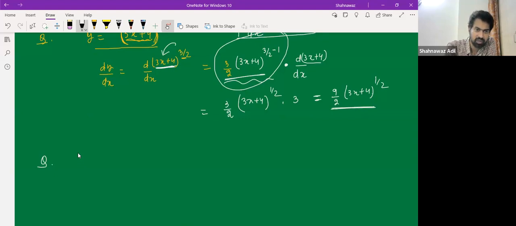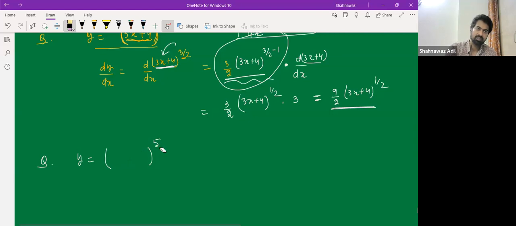So you have, let's say, y equals 6x plus 5 power 3, right? Or let's say power 5. You will think that we solve this cube, not this one.